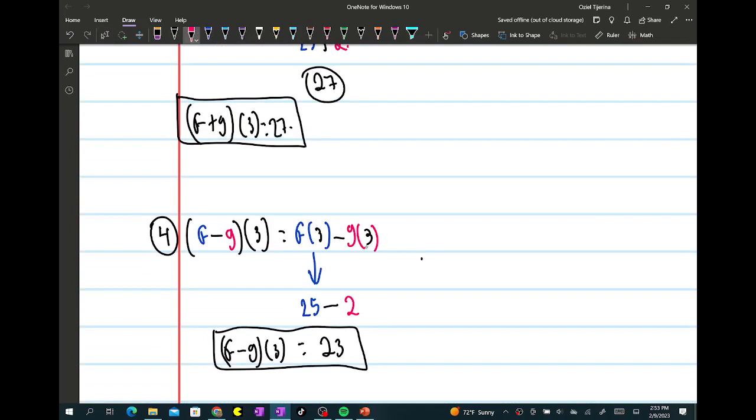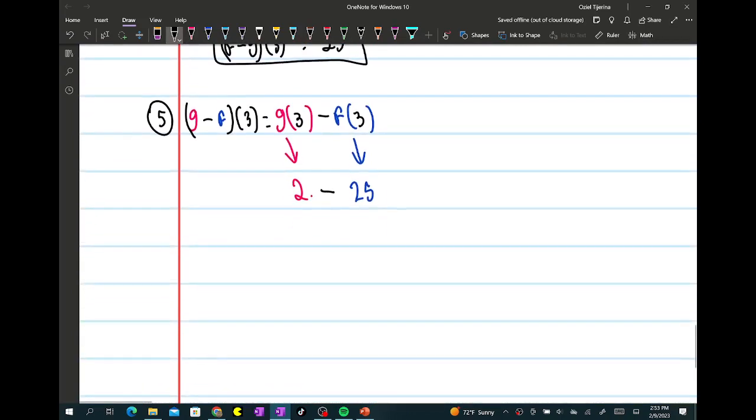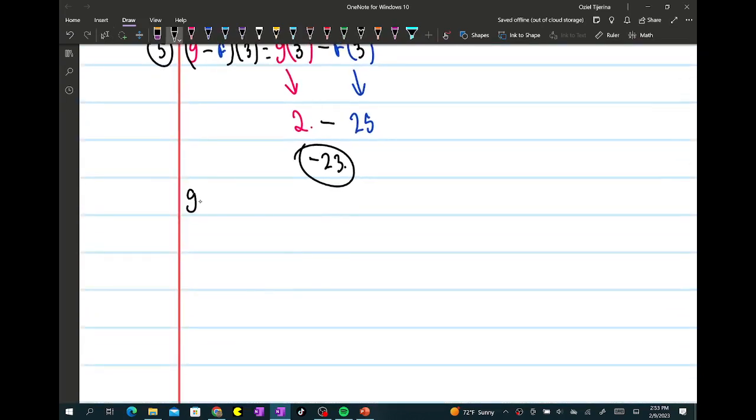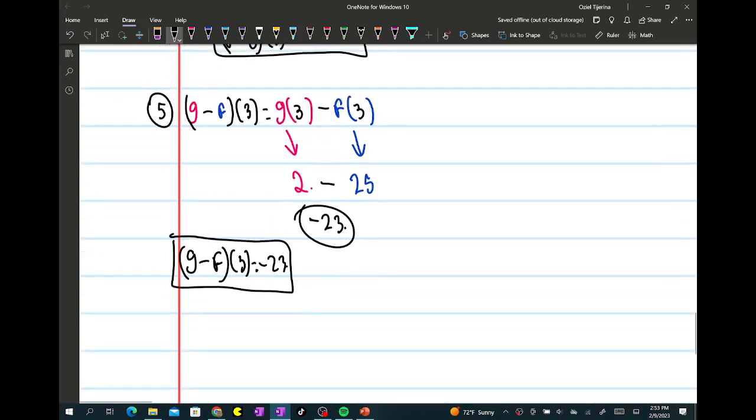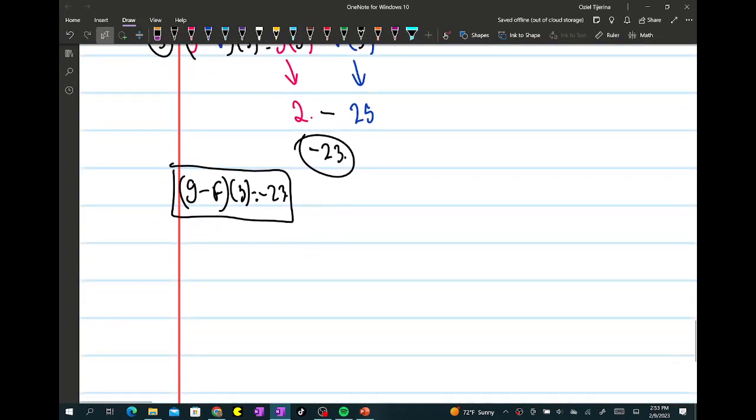So I'm just going to put it right here. Then we have 2 minus 25, which is negative 23. So g minus f of 3 is negative 23. Like I said, once you have both of these, this entire part becomes very easy. You just have to plug them in.